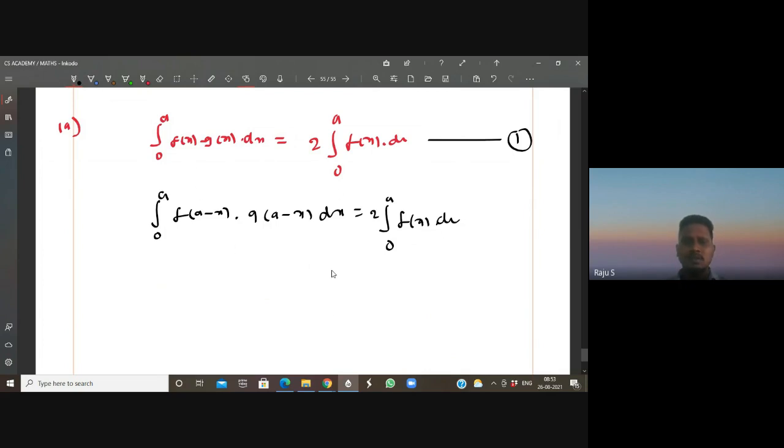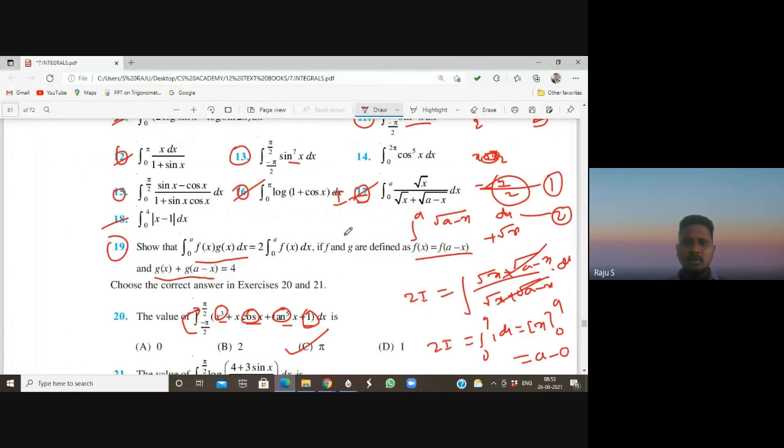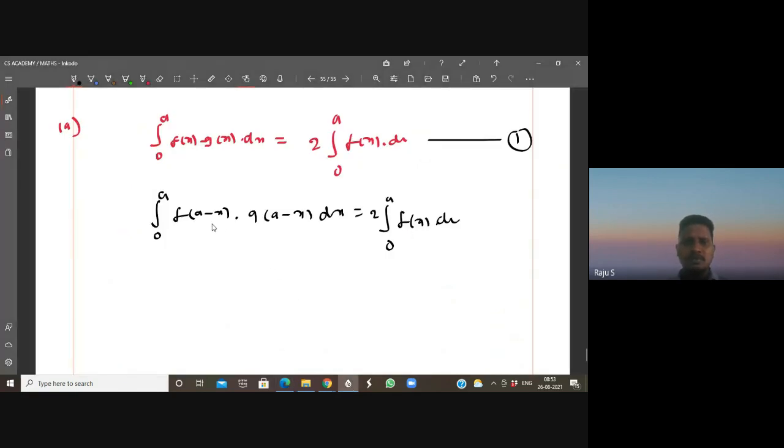But what is the condition they have given? F of a minus x is f of x, so we can replace it here. So integral 0 to a of f of x, g of a minus x dx is equal to 2 times integral 0 to a of f of x dx. This is equation 2.